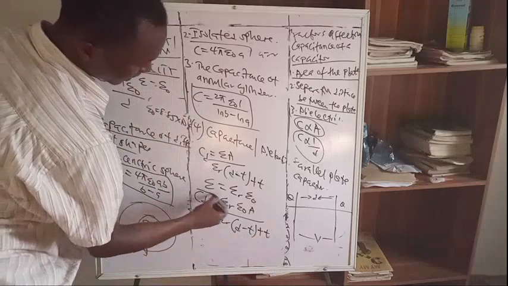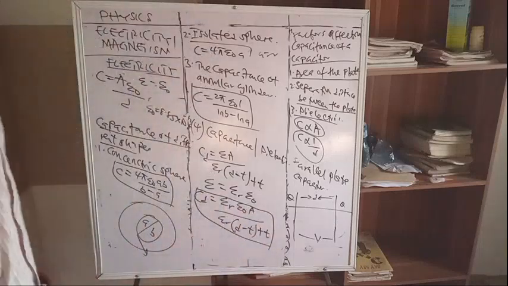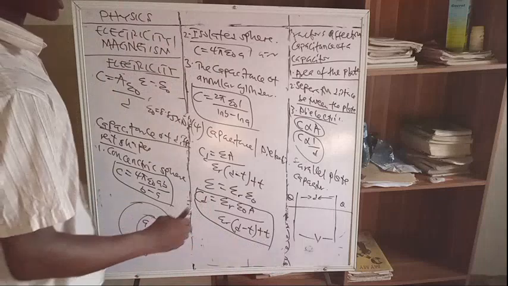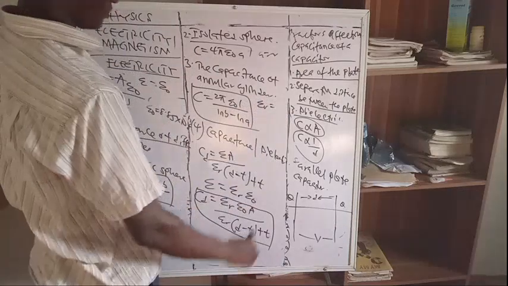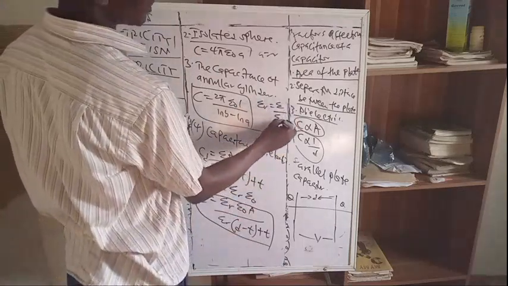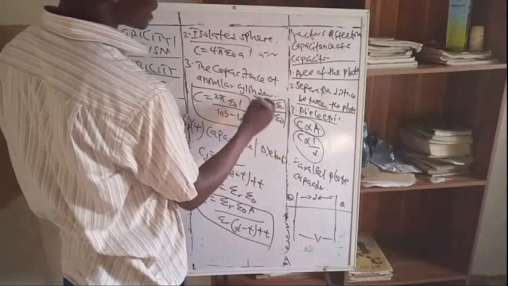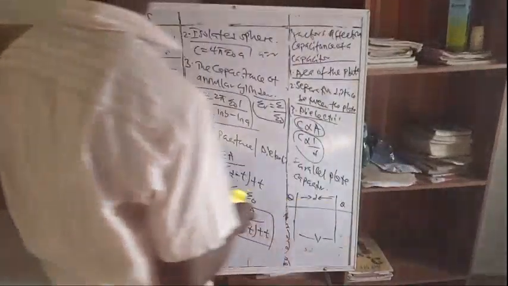This gives the final formula for capacitance with a dielectric. The relationship between your three permittivities is that relative permittivity is equal to absolute permittivity over permittivity of free space.